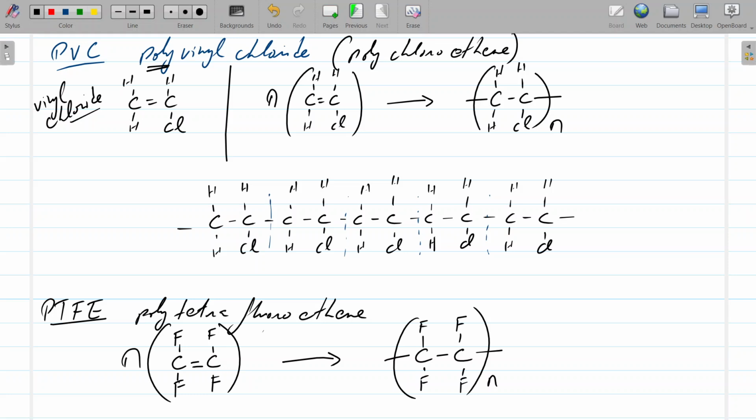I could be mistaken. But you don't need to worry about that. In fact, you don't need to worry about PTFE at all because it's not part of the syllabus. It's there in the textbook if you want to read it, and they haven't given a lot of information about it. They just mention it as another kind of monomer that makes polymers.